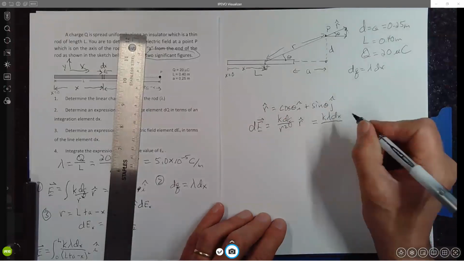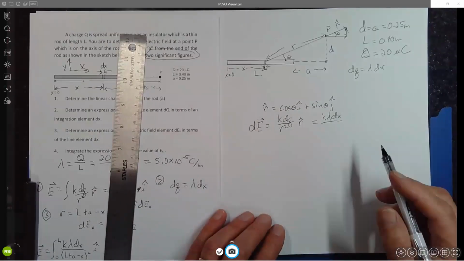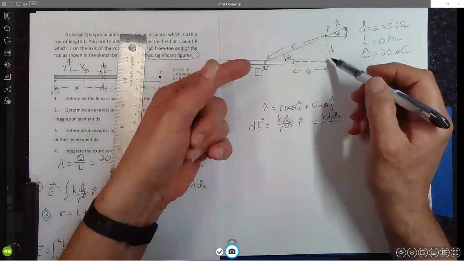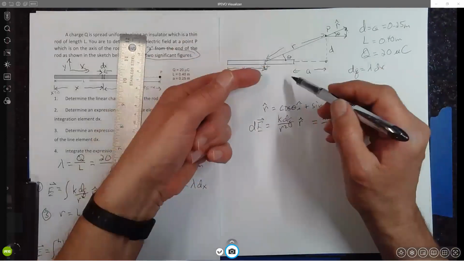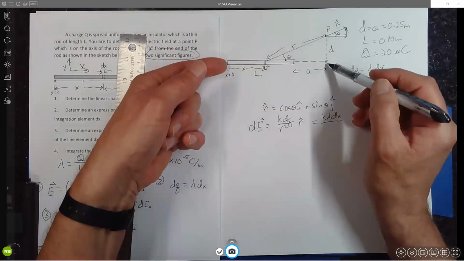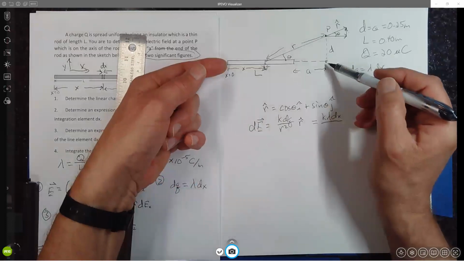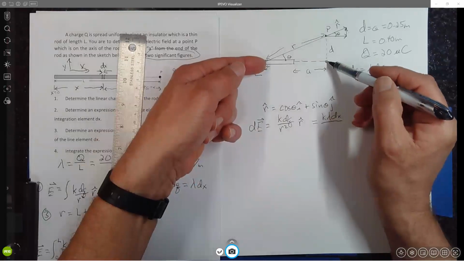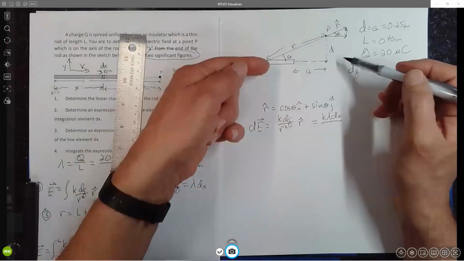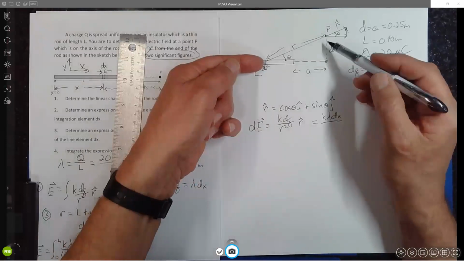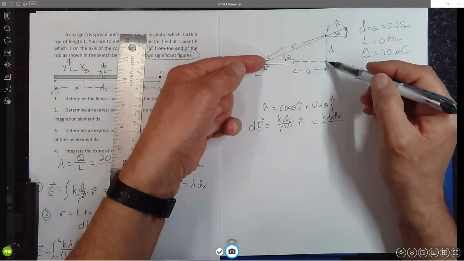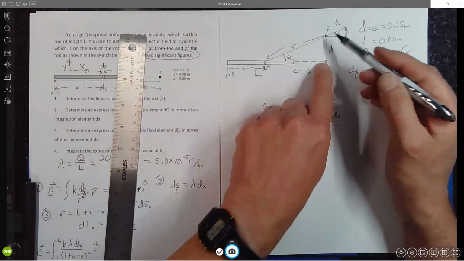And then the r down there, oh boy, what's r going to be? Well, let's see. This distance, remember it was L plus a minus x. This is L plus a, this is x, and this is L plus a minus x. So r will equal the square root of (L plus a minus x) quantity squared plus d squared.